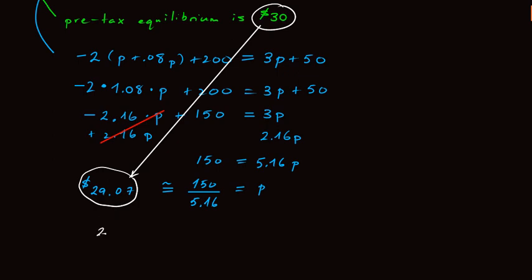So we'll have to take the 29.07 and multiply by 0.08, and we get approximately 2.32, or it looks like 2.33 using our calculator. So this is the tax collected by the government.